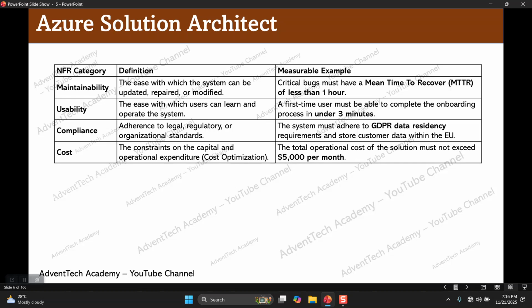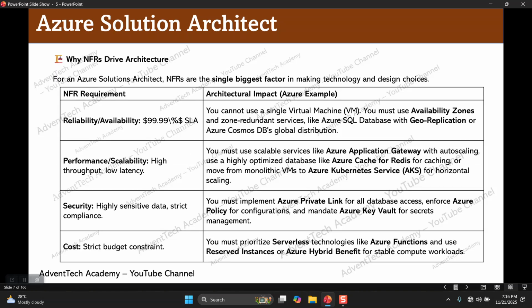How much will be allocated to functional requirements? How much will be allocated to non-functional requirements? Let us see why these NFRs drive the architecture. As an Azure solution architect, NFRs are the single biggest factor in making technology and design choices.